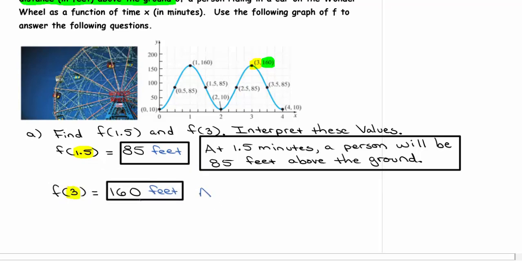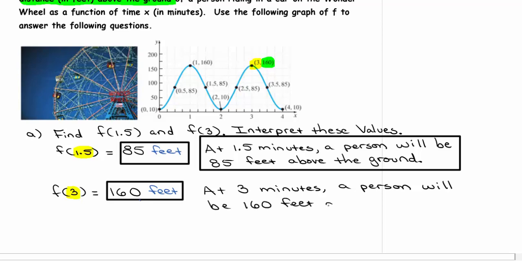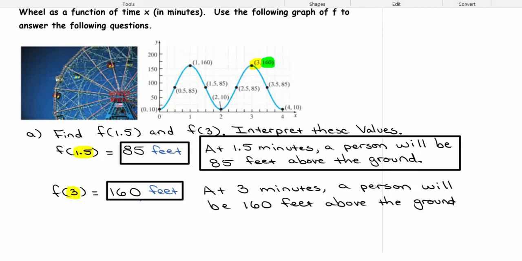So I'm going to write here, let's use a different color. At 3 minutes, a person will be 160 feet above the ground. And that's my little explanation.